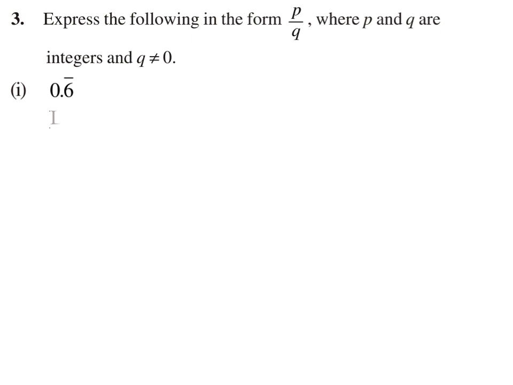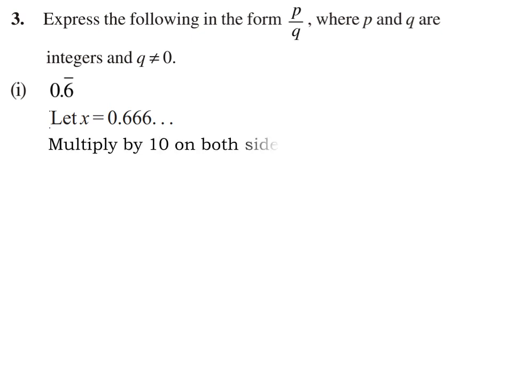Again we know the method. Assume x is equal to 0.666 up to infinite times. Now what we have to do is multiply by 10 on both sides, because one digit is repeating. So 10x will become 6.666 up to infinite times. Now we have to break 6.666 into two parts such that 1x should be there.